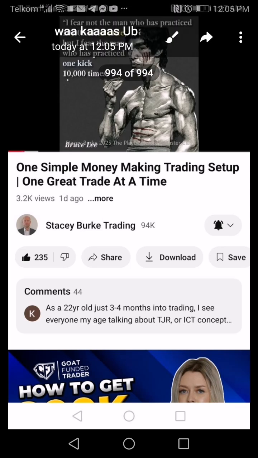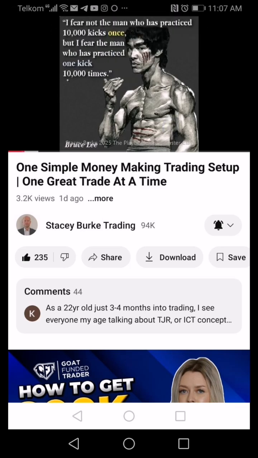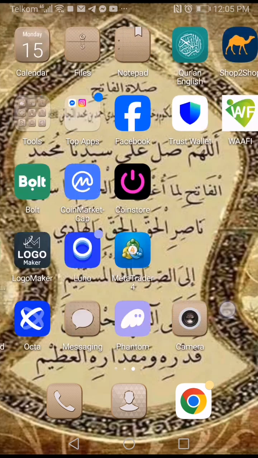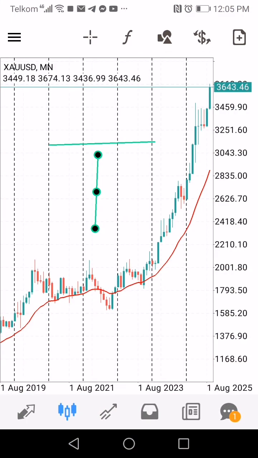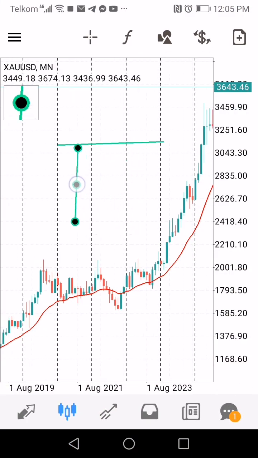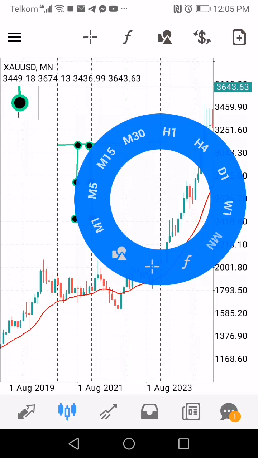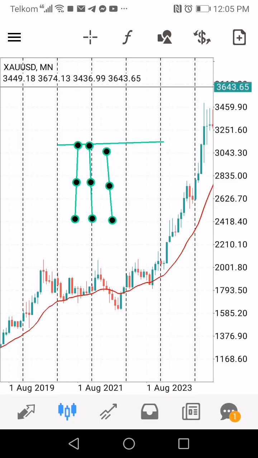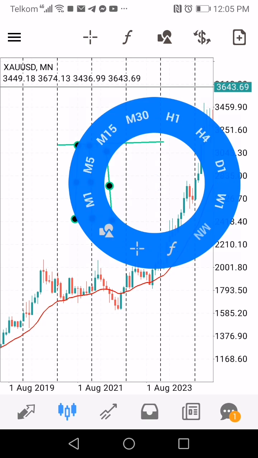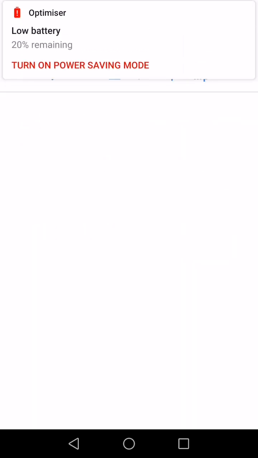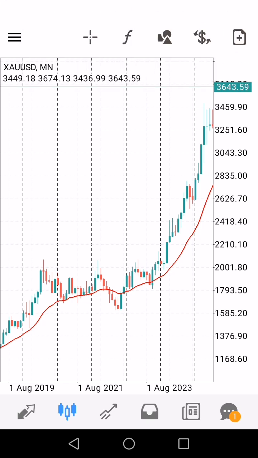Just one kick for 10,000 times. Beautiful price action. If you understand that one kick, you backtest it 10,000 times. I fear the man who backtested one kick for 10,000 times.